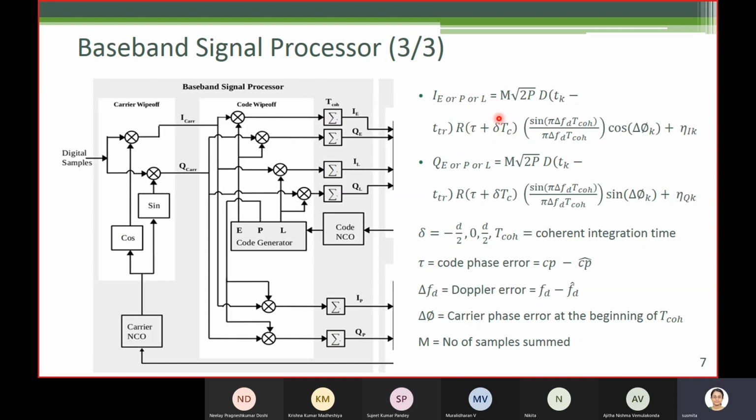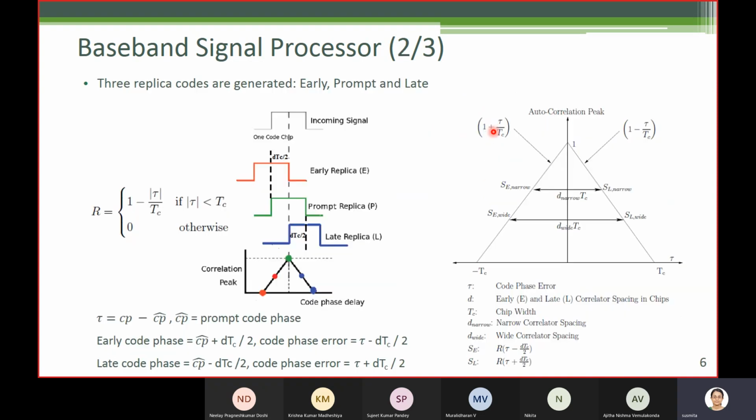How about this delta term? Now here, see, this expression can be used for early, for prompt, or for late. But delta here will change its value accordingly. If you consider it for prompt, delta is 0, because the code phase error here is just tau. If you consider the early pair, then the code phase error is tau minus dTc by 2.